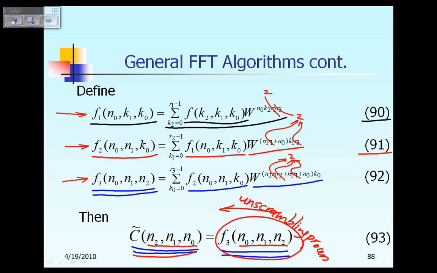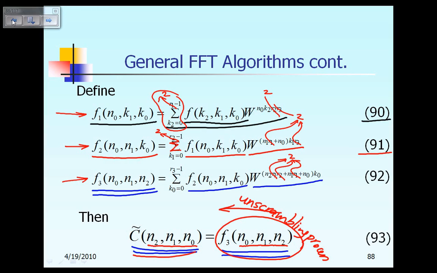Also notice, because R1 is replaced by 2, the summation on the index K2 in equation 90 will go from 0 to 1. Similarly, because R2 is equal to 2, the summation on the index K1 in equation 91 also goes from 0 to 1.